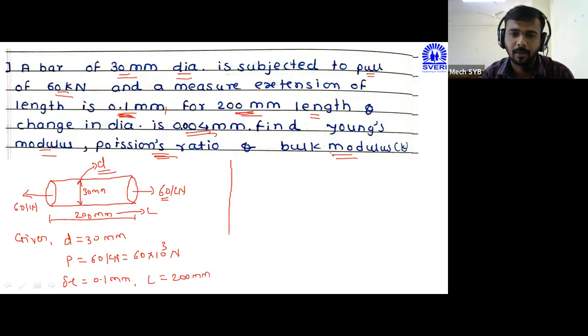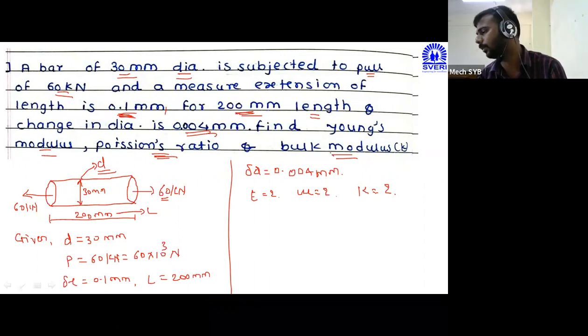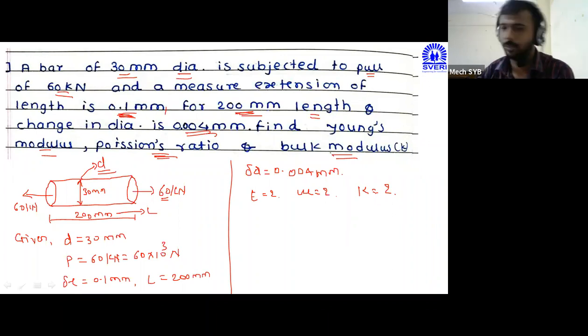Okay, then delta D is equal to 0.004 and we have to calculate capital E, mu and bulk modulus. Okay, so these are the parameters we have to calculate.